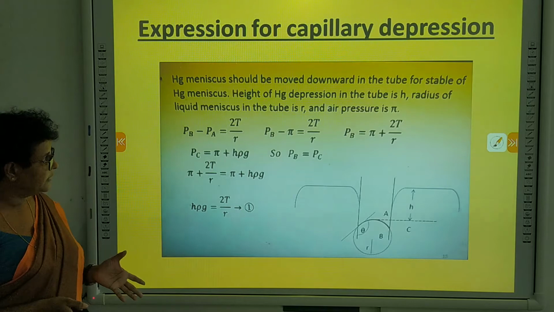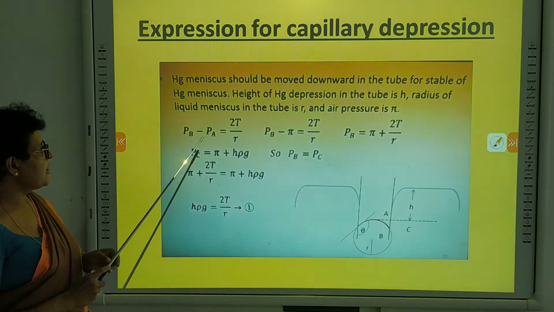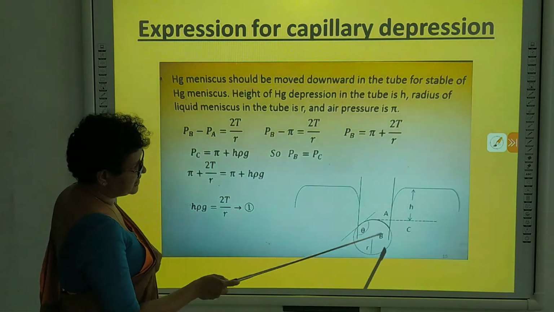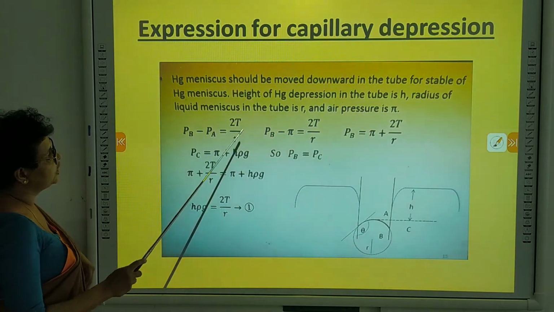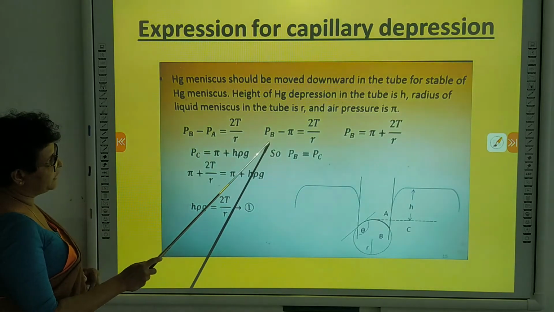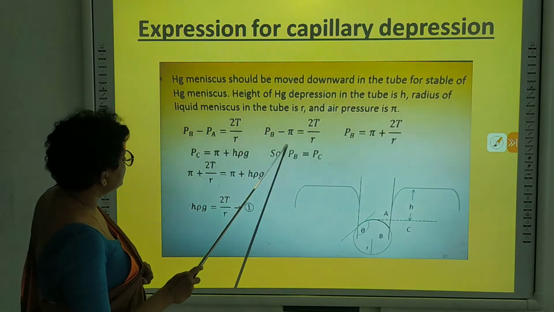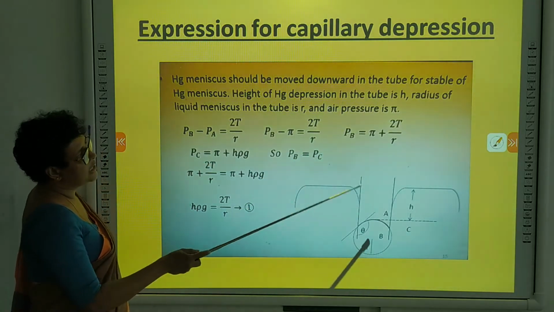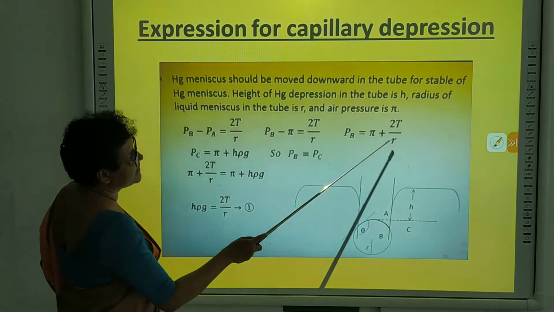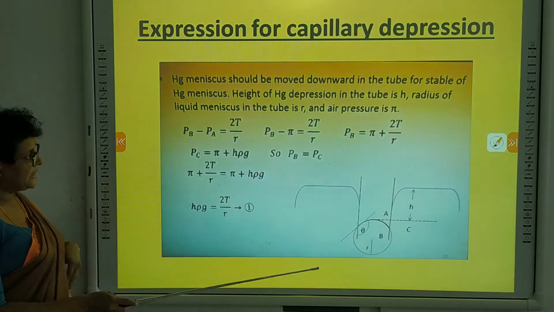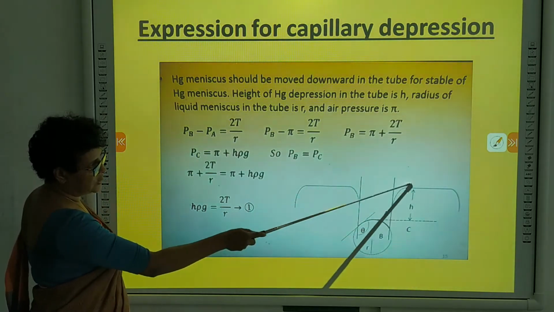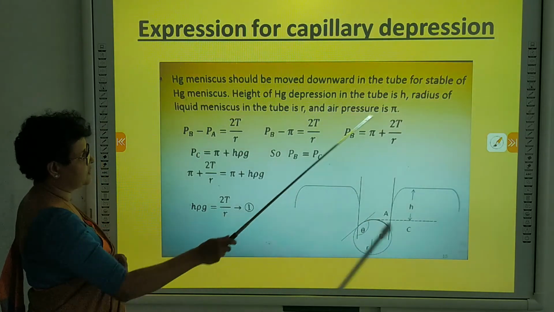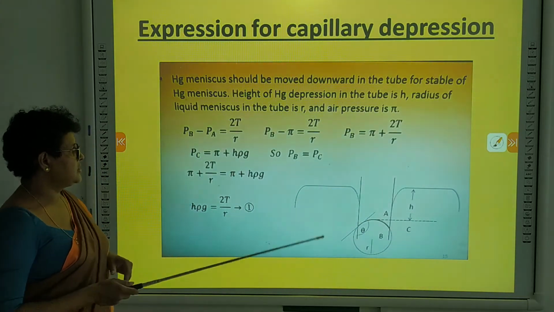Now same thing, same theory. PB minus PA equals 2T over r. PA is atmospheric pressure, so PB equals P0 plus 2T over r. Now PC here is P0, atmospheric pressure, plus h rho g.